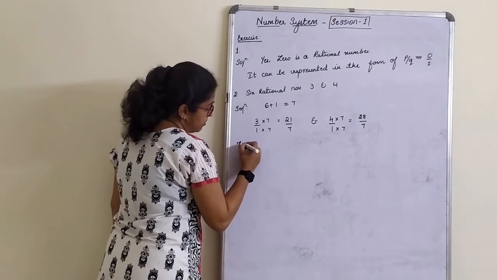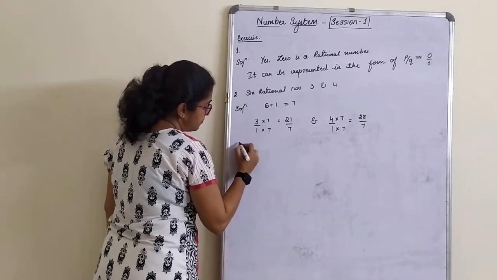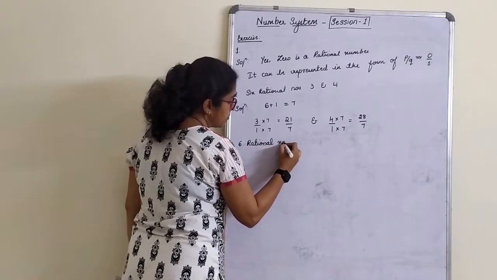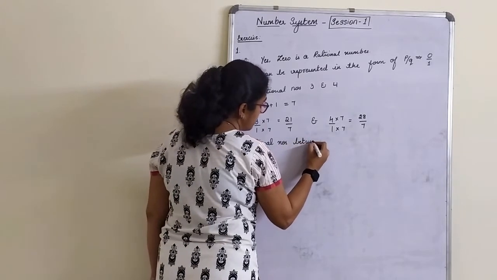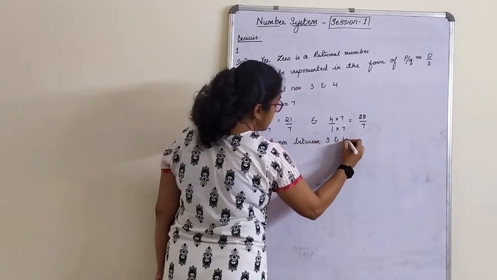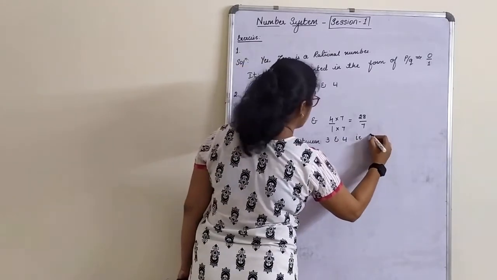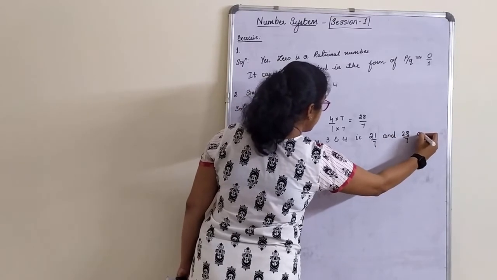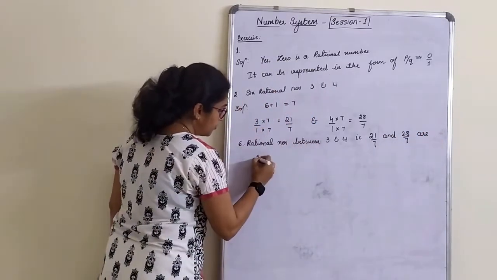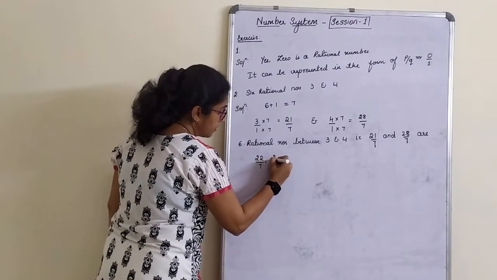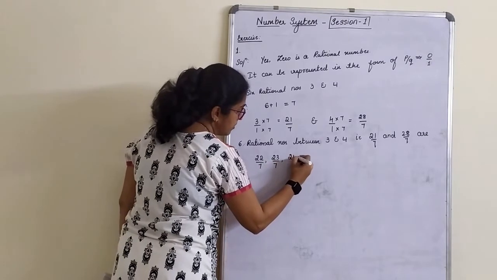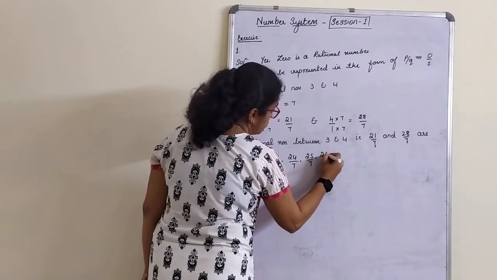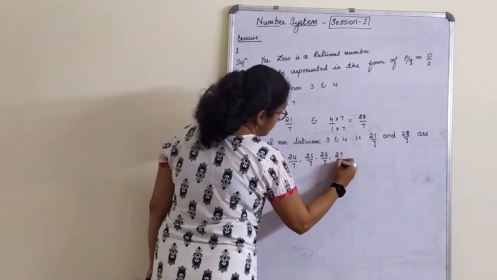Yes. So the 6 rational numbers between 3 and 4, that is 21 by 7 and 28 by 7, are, write down numbers of your choice: 22 by 7, 23 by 7, 24 by 7, 25 by 7, 26 by 7, 27 by 7.